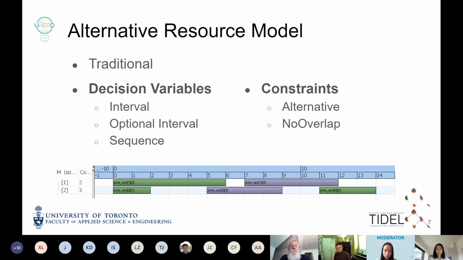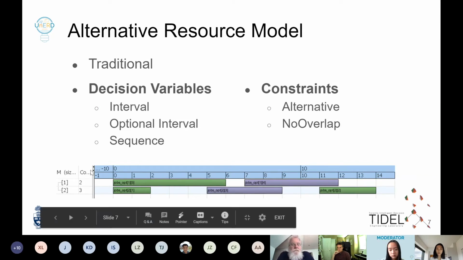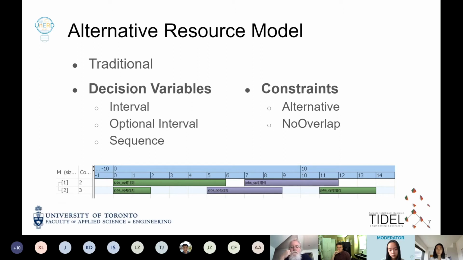So we compare our single resource model to the traditional alternative resource model, where each machine is considered as an alternative resource. So we use these three decision variables as listed, and this diagram here shows the two machines as sequence variables, and each job or each bar is an interval variable.